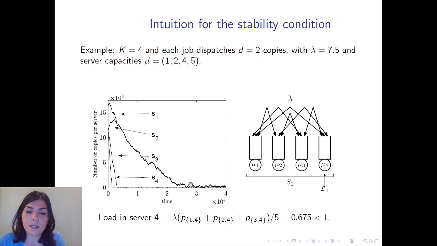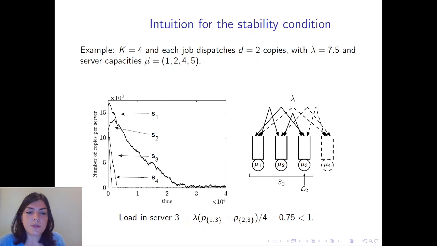When we compute the load in this server, so it's lambda times the fraction of arrivals that arrive to server 4 divided by the capacity of the server, we have that this is smaller than 1. And if we compute the load in the rest of the servers, we are going to obtain that these loads are not smaller than 1.